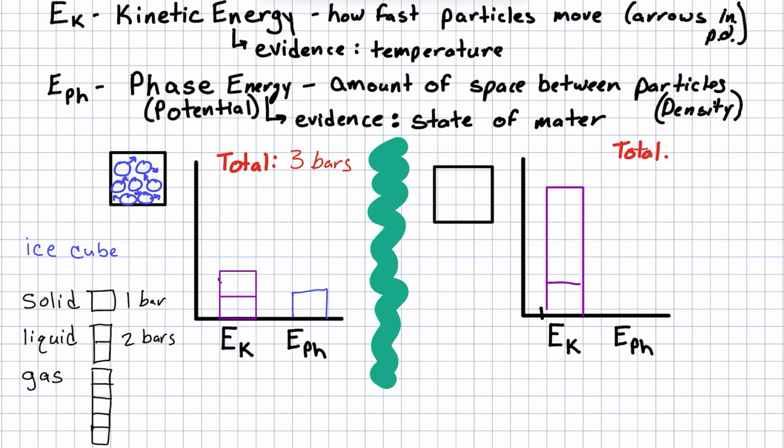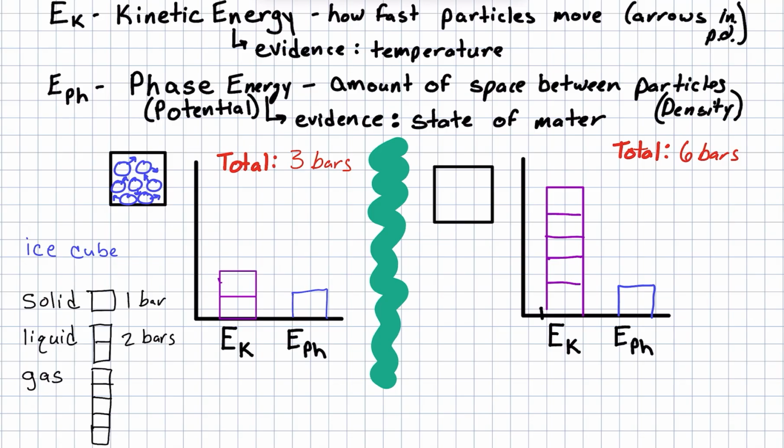So let's say that I have 1, 2, 3, 4, 5 bars of energy. Well, the phase, it's a metal, so phase is still a solid. Remember, it doesn't matter how hot or cold it is, it matters what state it's in. So now, in this case, my total amount of energy is going to be 6 bars.